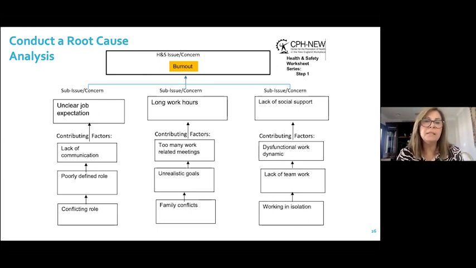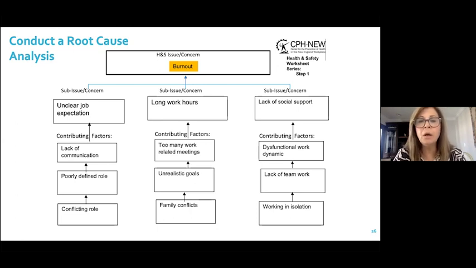For unclear job expectations, they said we have lack of communication between employees and management. We have poorly defined roles. We do not know exactly what we're supposed to do. We also have conflicting roles. Some of us have to report to two managers, and we don't know which one to prioritize, and this ends up with staying long at work and having burnout.